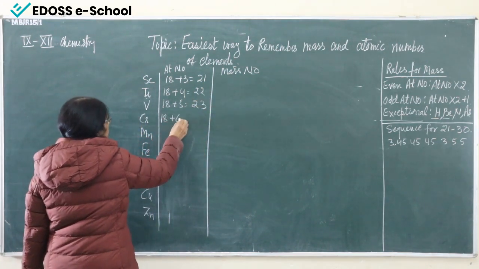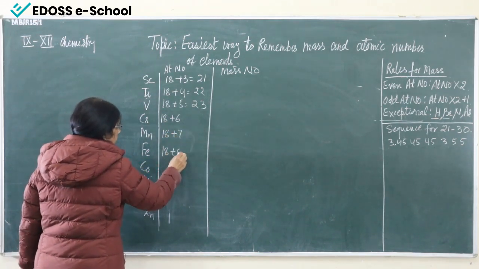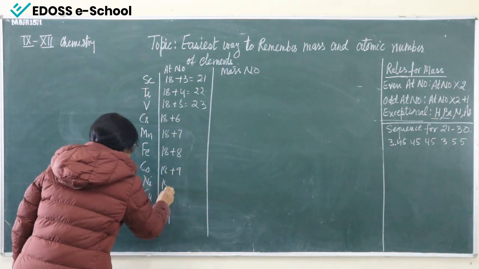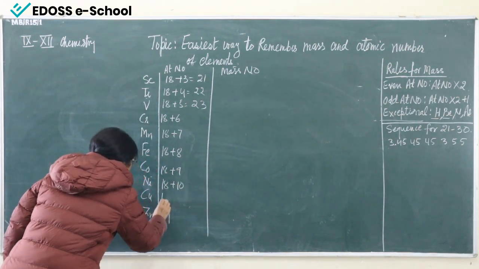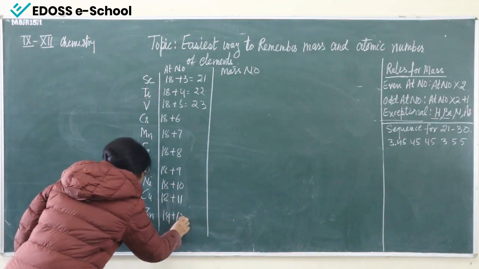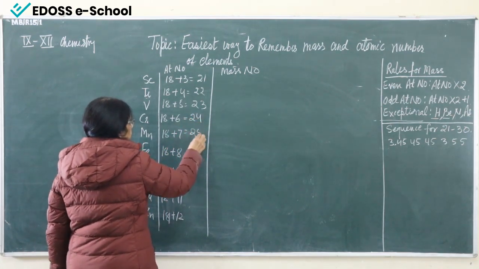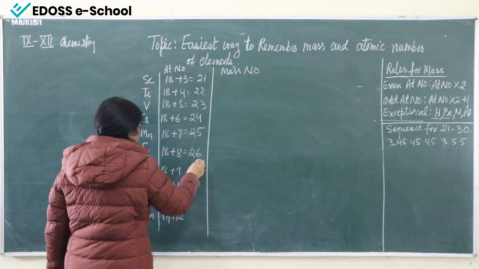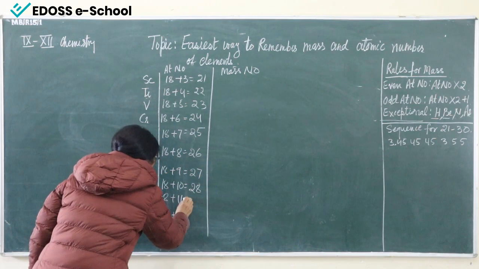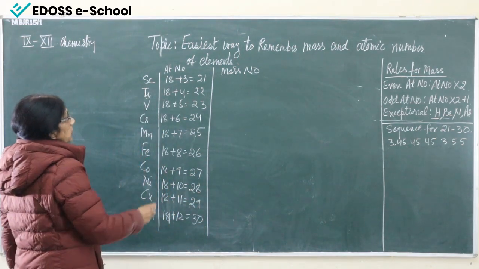This is the group number you have to add. In 18 we have to add the group number. This is B. Okay, so this is 23, 24, 25, 26, 27, 28, 29 and 30.